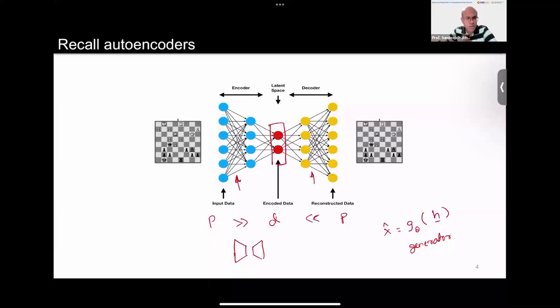So I have trained my model, which could be this g of theta. I have trained this generator. But what is actually desired is that I should be able to generate images or data points from this generator, as many as I want.